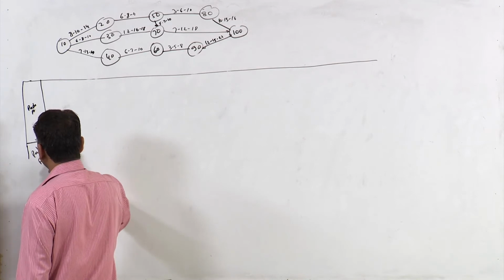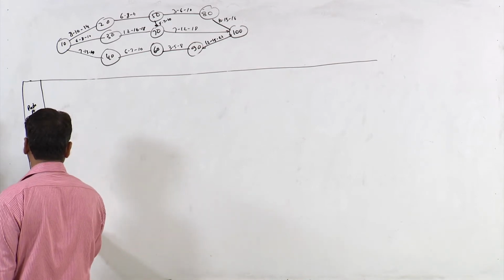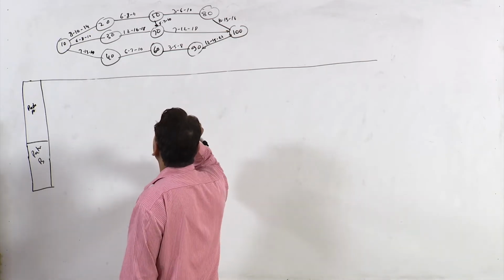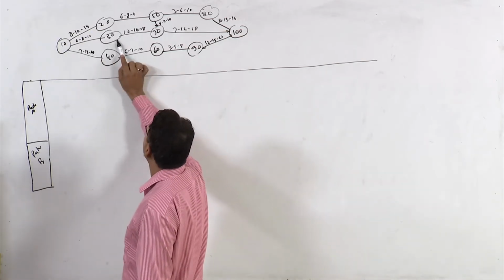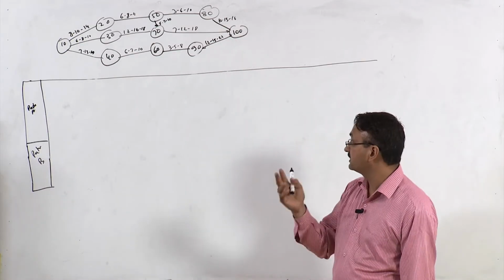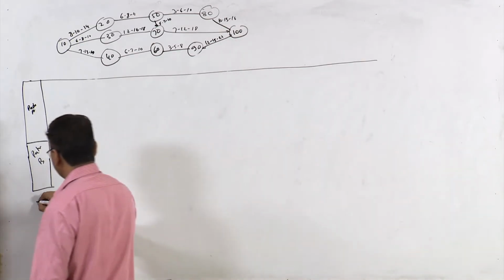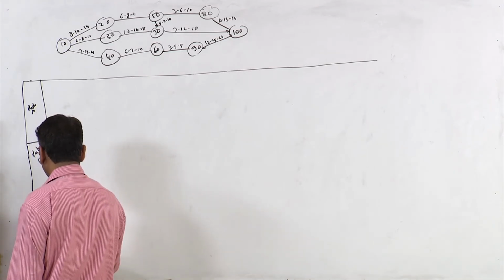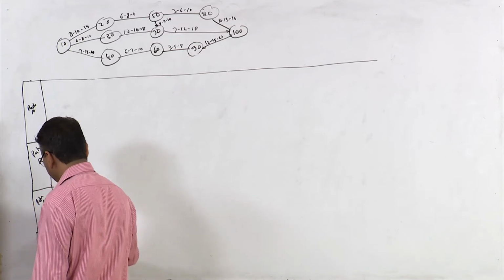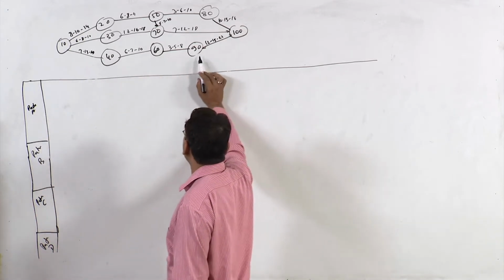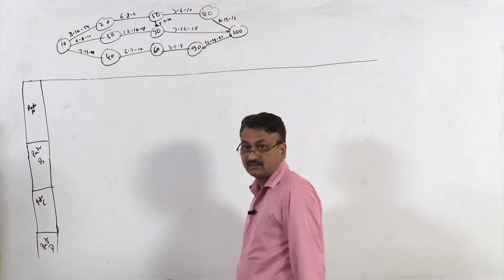Then you have 10, 30, 70 and 100, path C, a direct path. And finally you have path D, which is 10, 40, 60, 90 and 100.